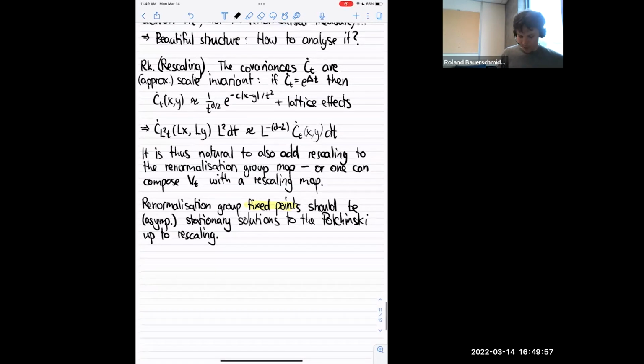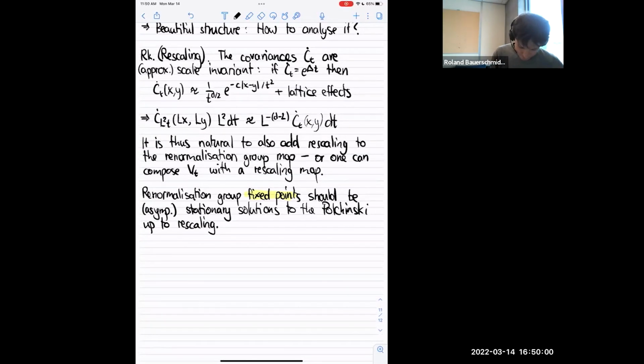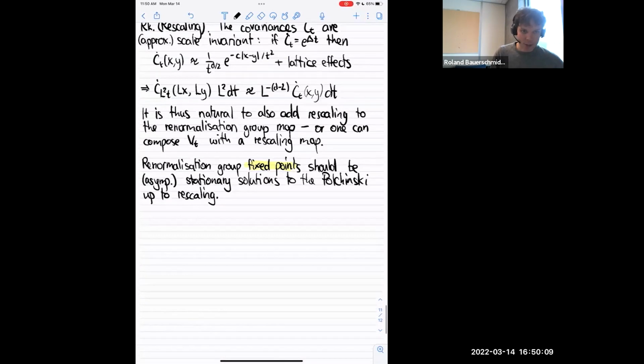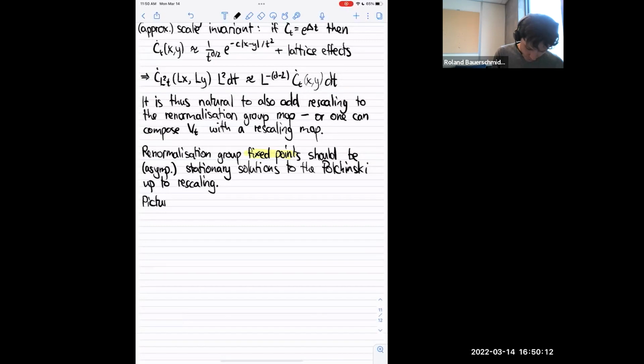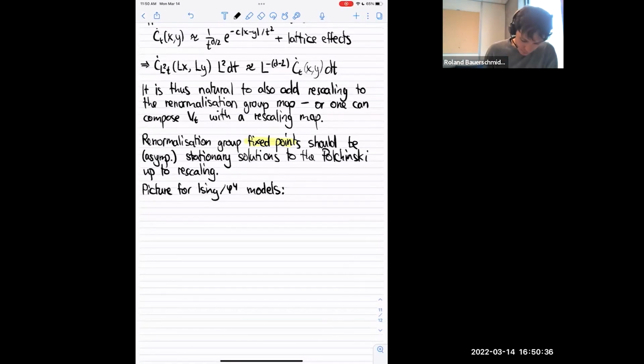And the picture, or I guess conjecture, is that, for example, if you look at an Ising model, in particular in 3 dimensions, okay, let me discuss that in a second, is that, well, you can have different fixed points.